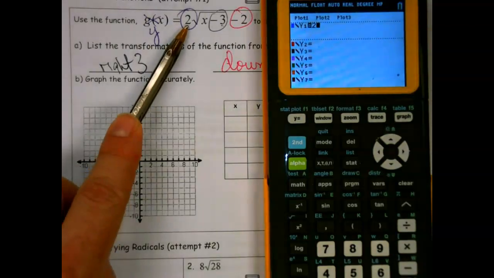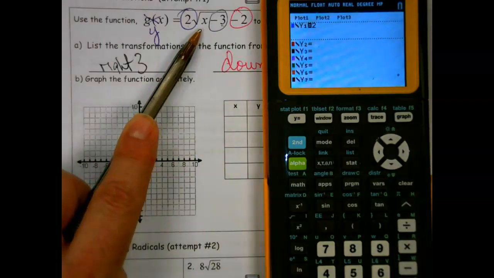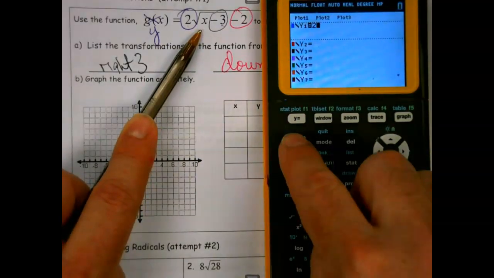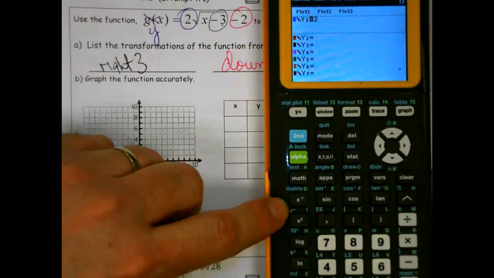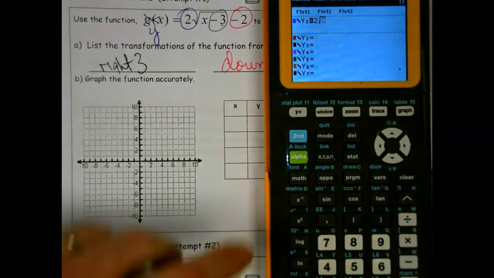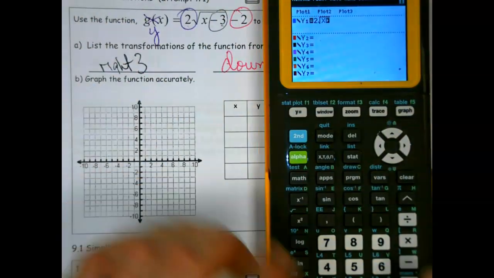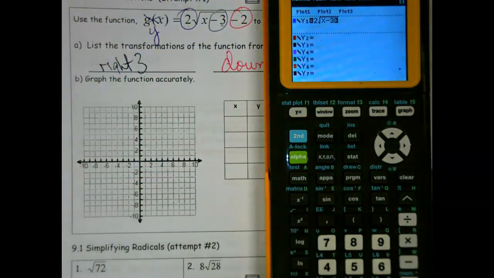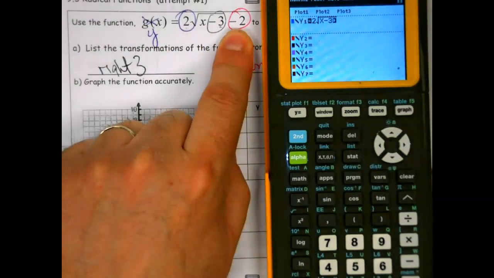And we start typing. When we get to the radical, see it over there on the board at the very top, second, and there's that x squared button again, but there's my radical, my square root. Here's my x, minus 3, and the minus 2 is outside.